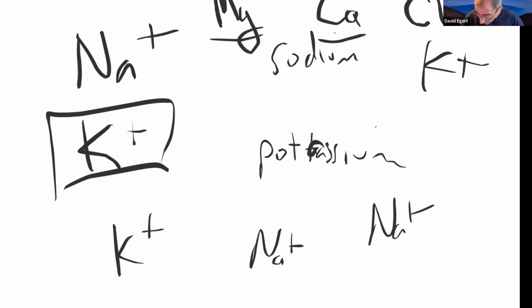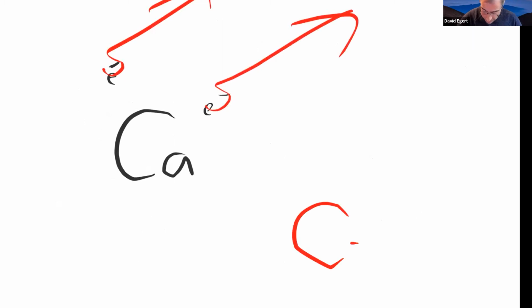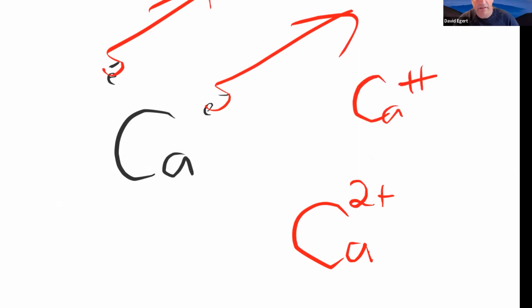When I have a calcium, it's got 2 electrons that are loosely held in its valence shell that are going to disappear. Meaning, what is my calcium going to be that's left? 2+. You can write it either Ca2+, or I usually write it like that, Ca++. But we'll see calcium as a +2 cation all the time.